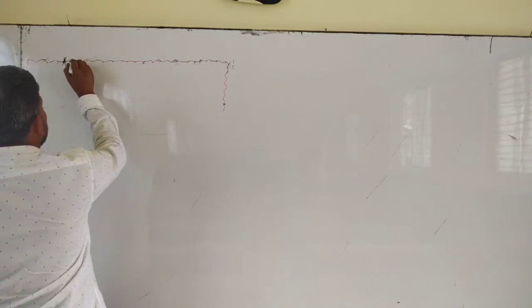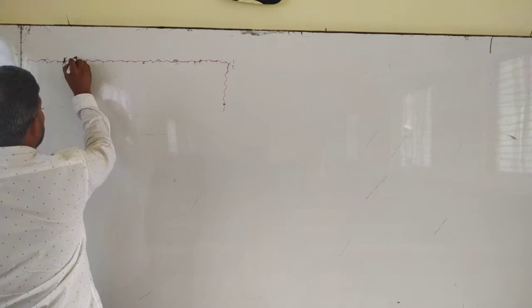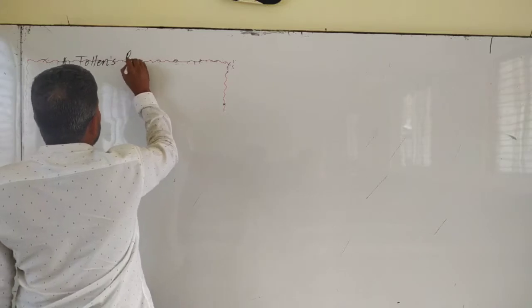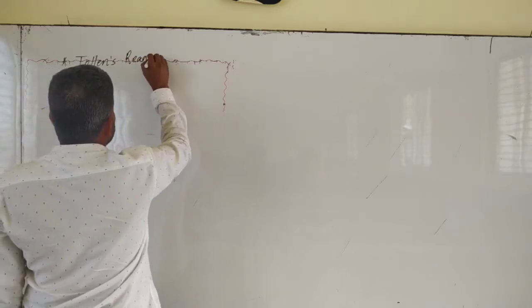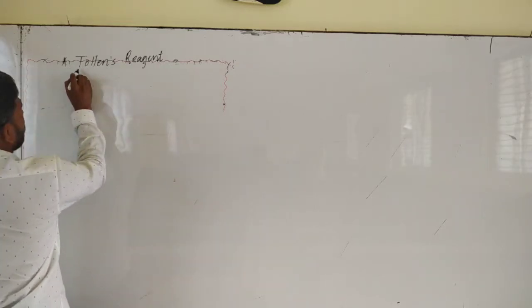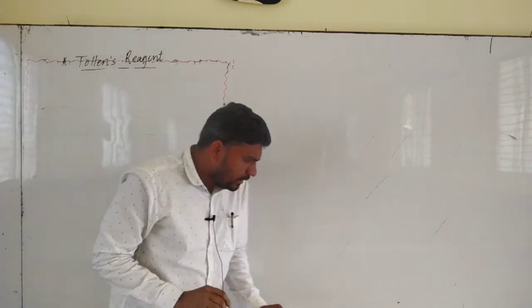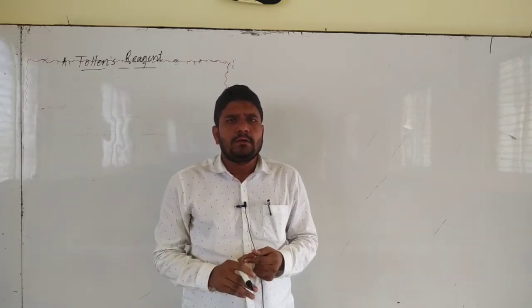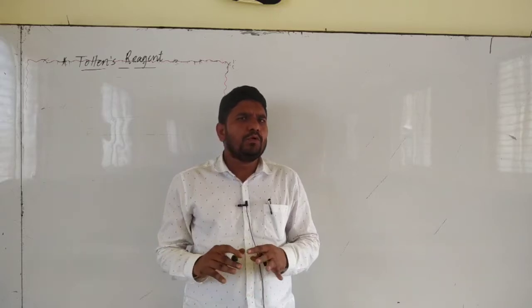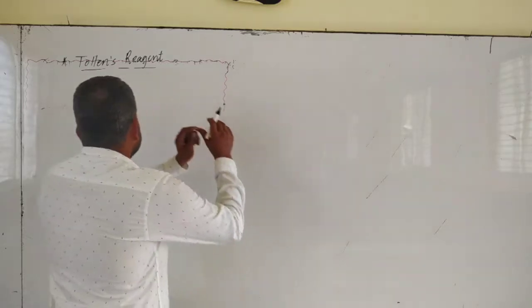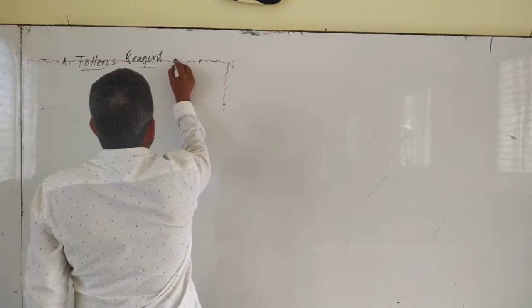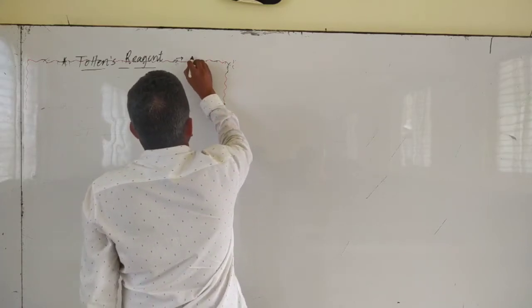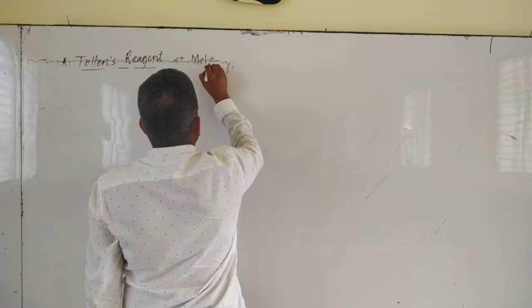Now, oxidation of aldehydes by using Tollens reagent. Which reagent? Tollens reagent. I think you know about Tollens reagent. See, what do you mean by Tollens reagent? First thing you should know regarding this Tollens reagent is, it is a mild oxidizing agent.